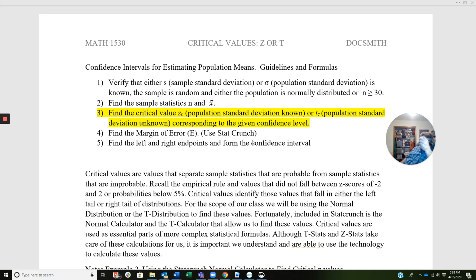So next in the homework, you're going to see critical values questions that ask you what is a Z critical value or what is a T critical value. And because we're using StatCrunch, we don't have to do as much with those calculations, but if you've looked through the notes, you see the formulas. The critical values are part of the formulas when you're doing it old school, with the calculator.